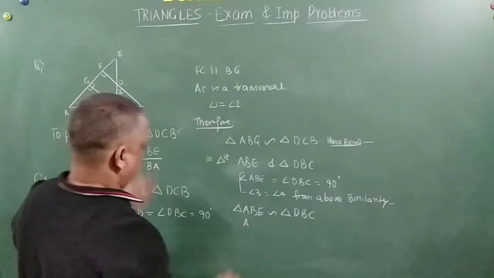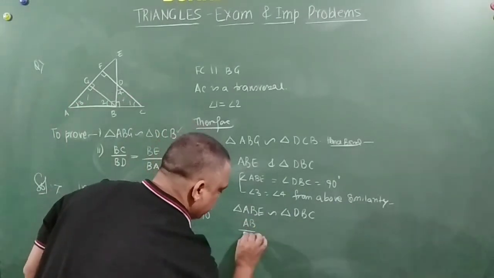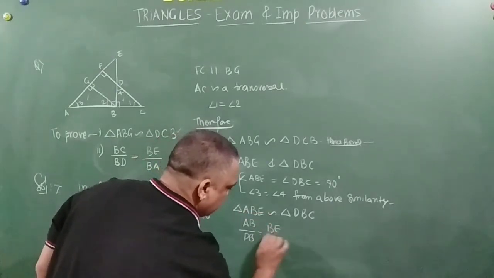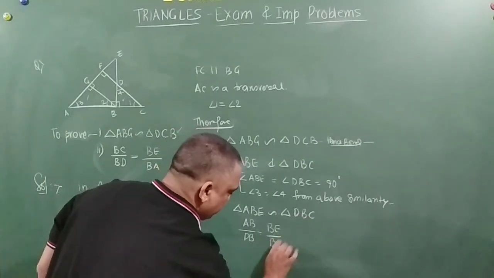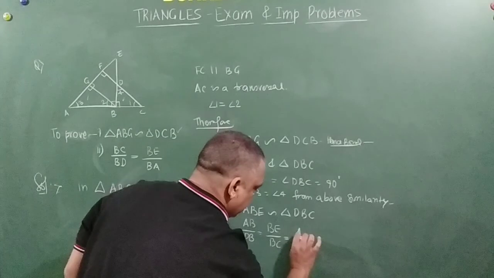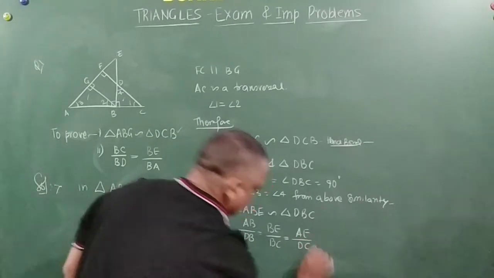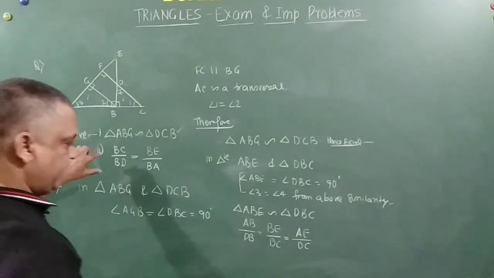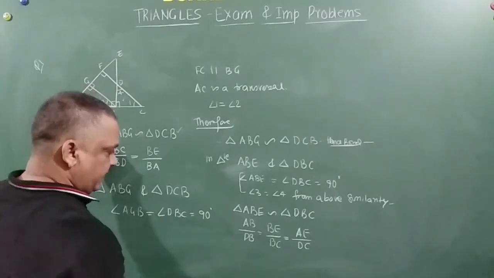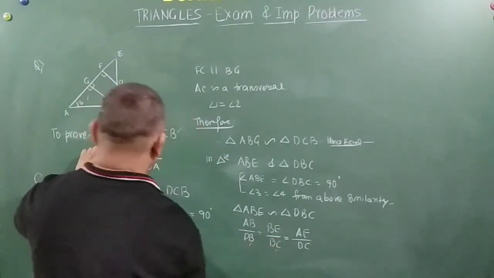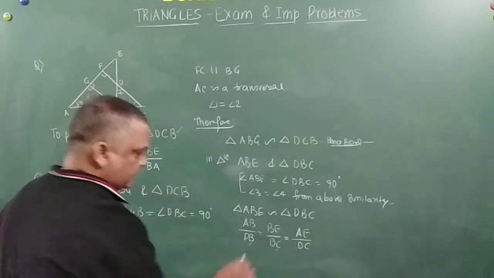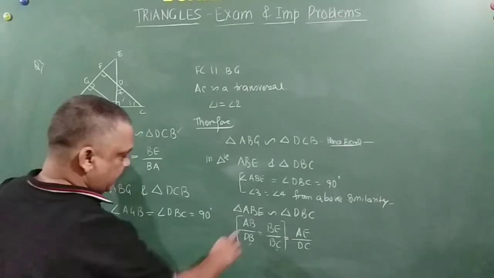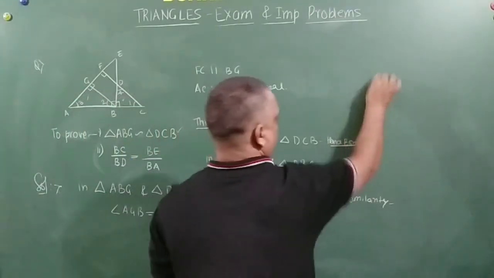It is AB by DB is equal to BE by BC is equal to AE by DC. Right friends? What I want here is BC by BD. Okay? BC and BD I want to keep. So I'll keep this and this, and BE by AB. Considering this and this, friends, let me do it here.